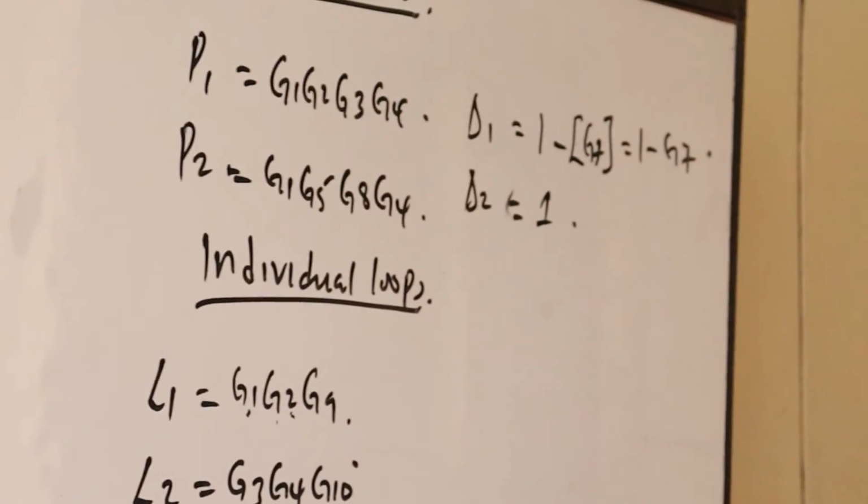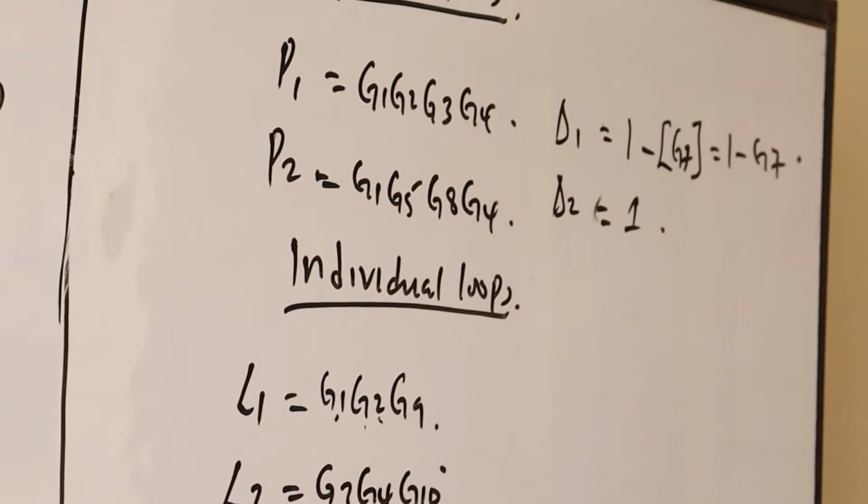The overall determinant is given by 1 minus the sum of individual loops.